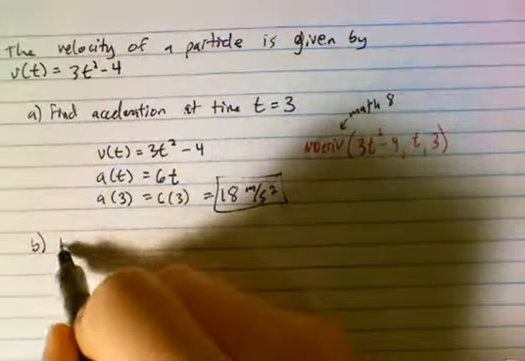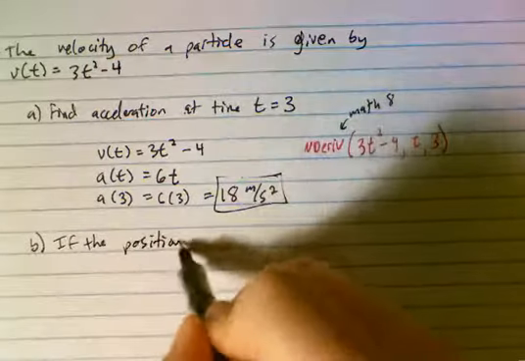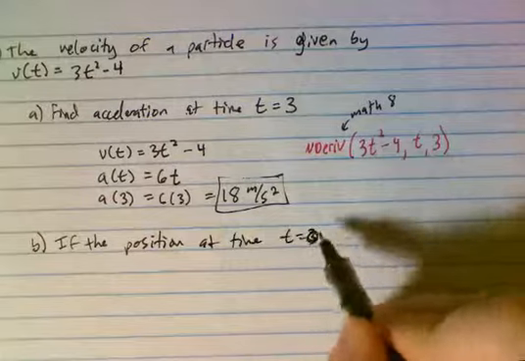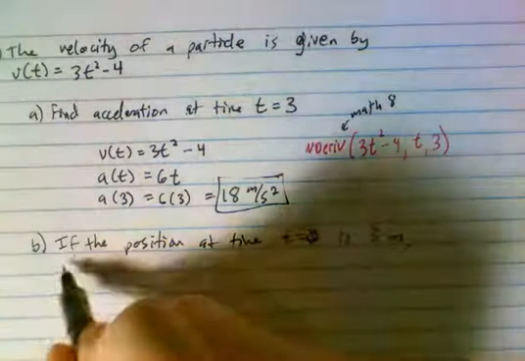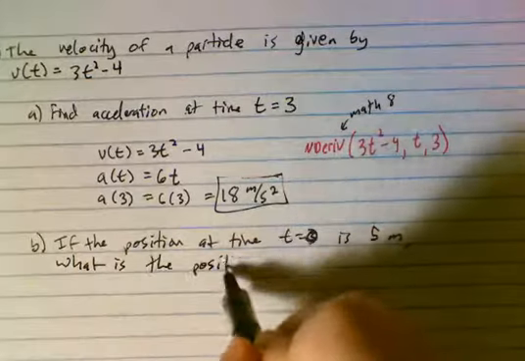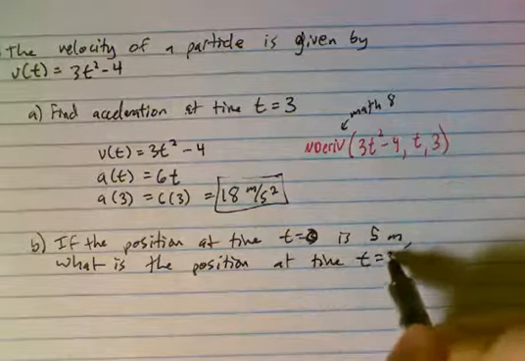Going the other way, we could also say if the position at time t equals 0 is 5 meters, what is the position at time t equals 3?